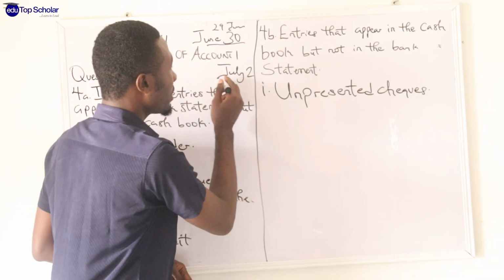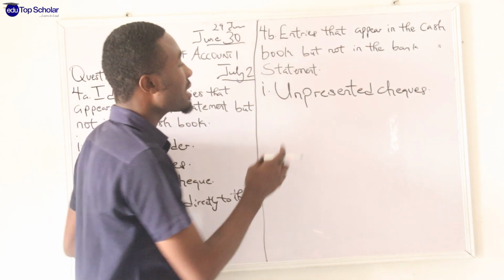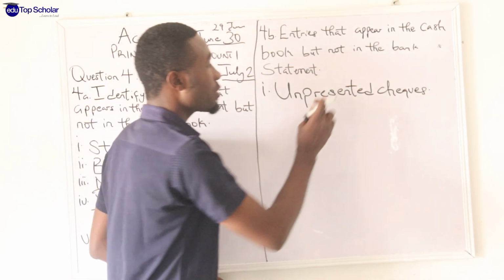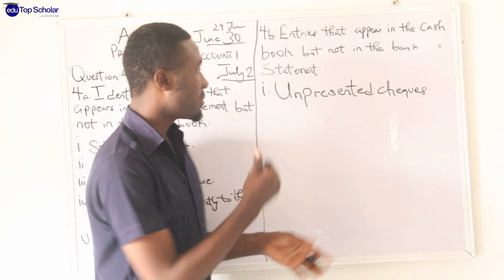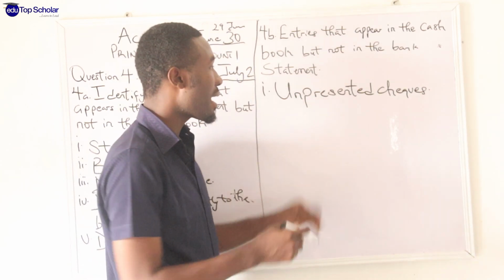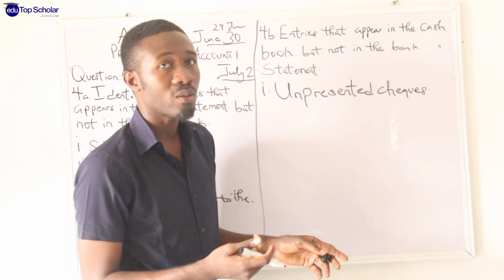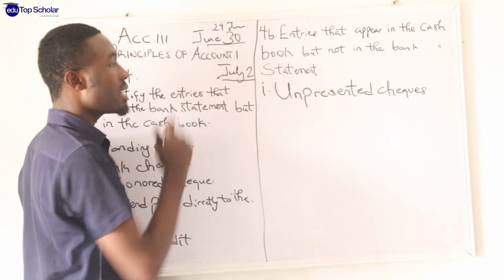So the person has not presented the check to the bank, but in your own cash book you have written that you have paid this person 20,000 naira from your bank, though the person has not even visited the bank to present the check.